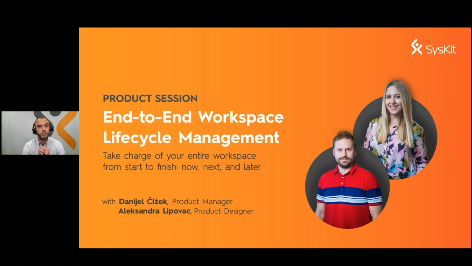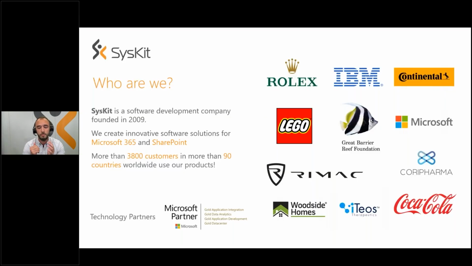They will be showing you how Syskit Point can help IT teams gain better control over their Microsoft 365 workspace lifecycle. Many of you already know us as a company, but just for those who don't, let me briefly give you an introduction to Syskit. Syskit is a software company, and we've been in the market for more than 13 years now.